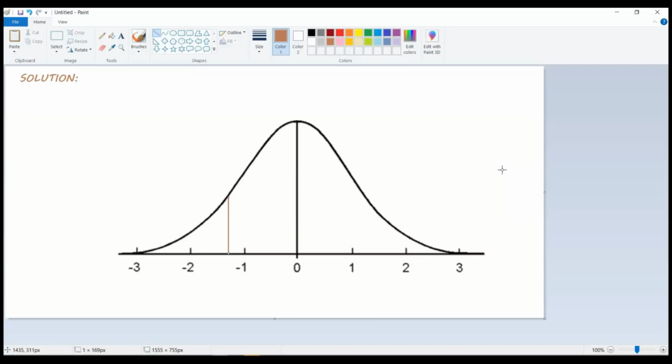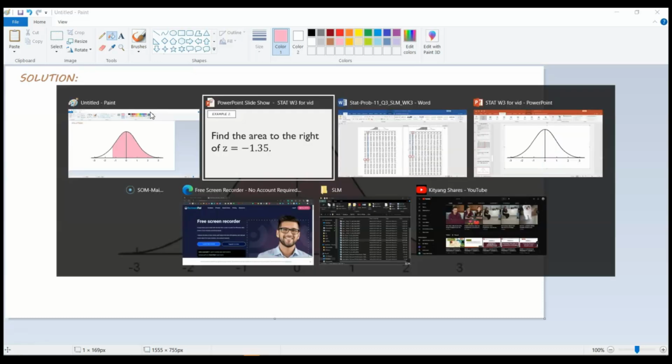Now it says here, find the area to the right of negative 1.35. So we shade the region at the right side of negative 1.35. Now we're going to find the area that covers this shaded part of our normal curve.